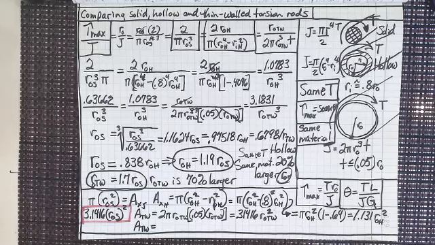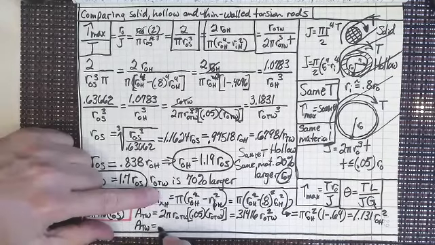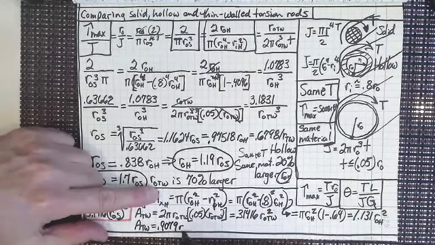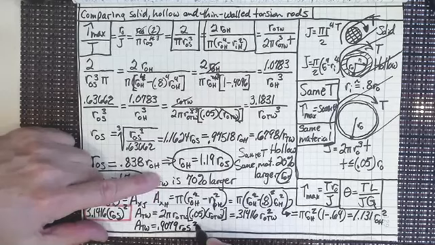So I've got 0.31416 times 1.7 squared equals 0.9079. 0.9079 r outer of the solid squared.